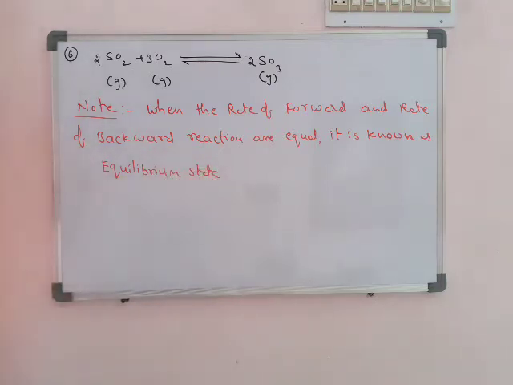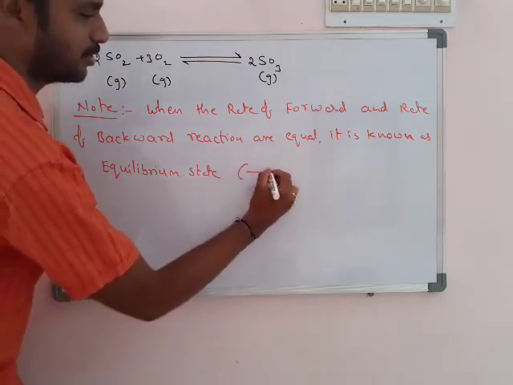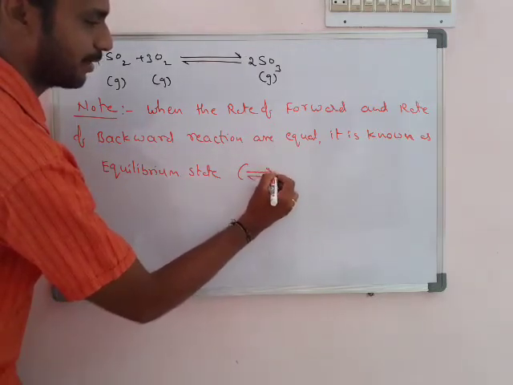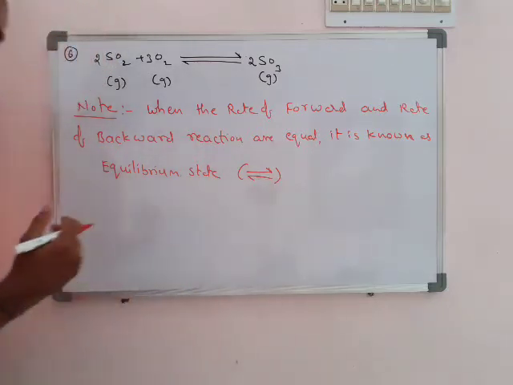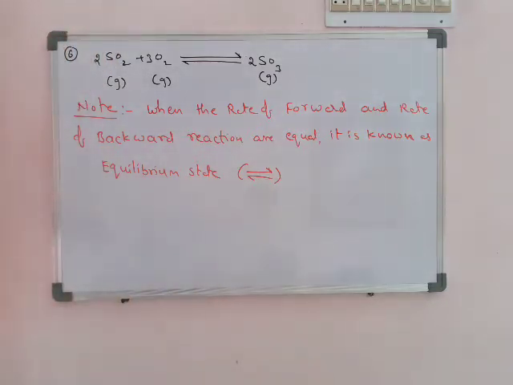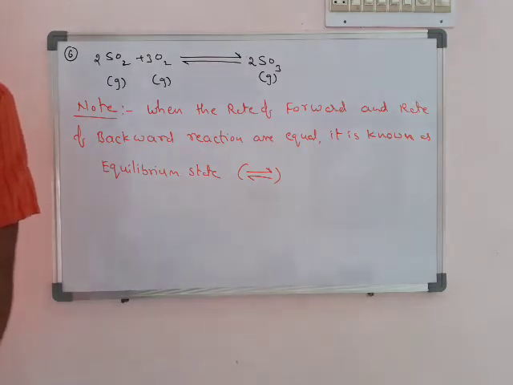It is known as equilibrium state. Generally we use this symbol for equilibrium. Reversible reactions lone it is possible. Okay, so this was about reversible reactions.